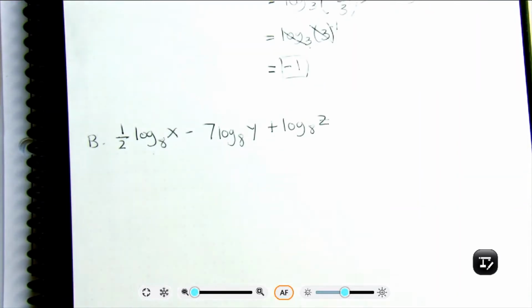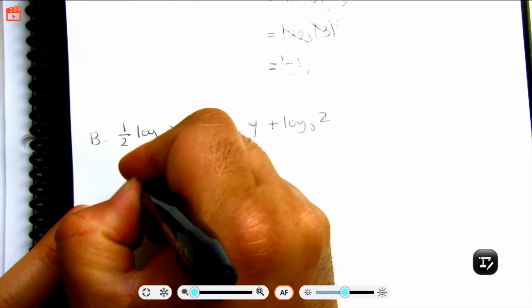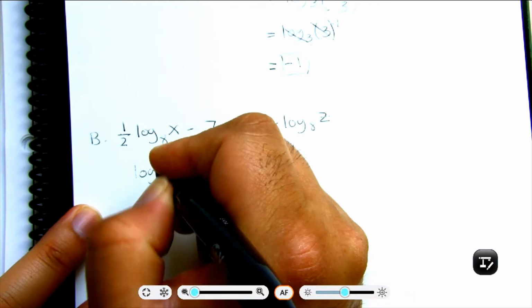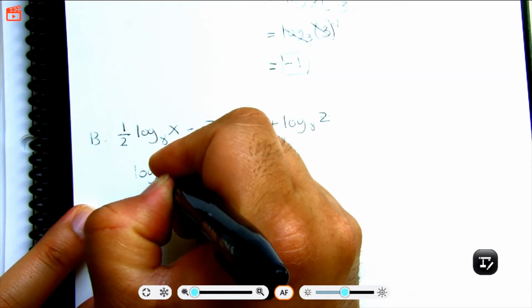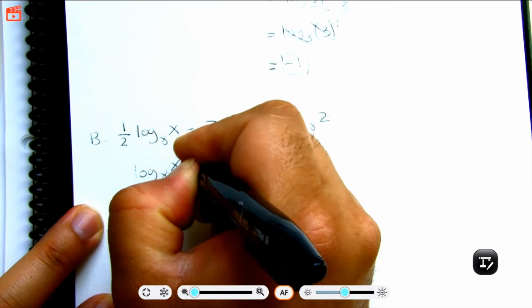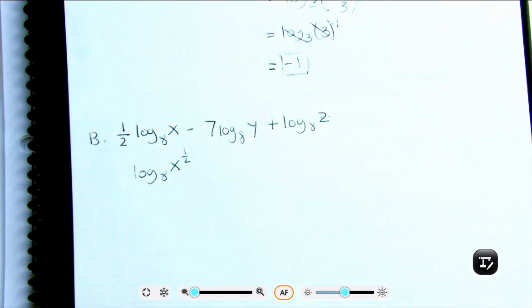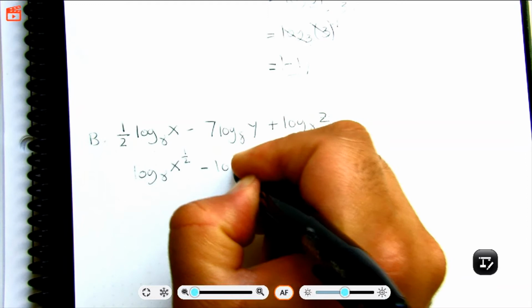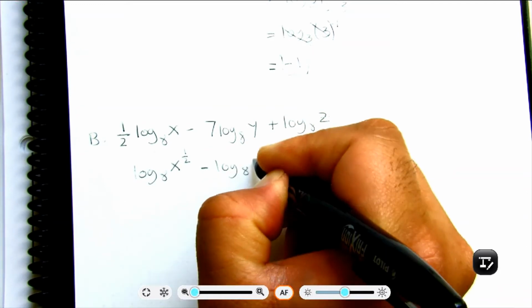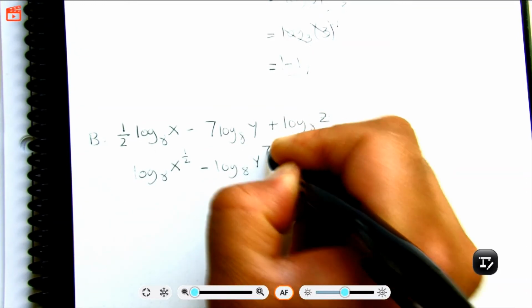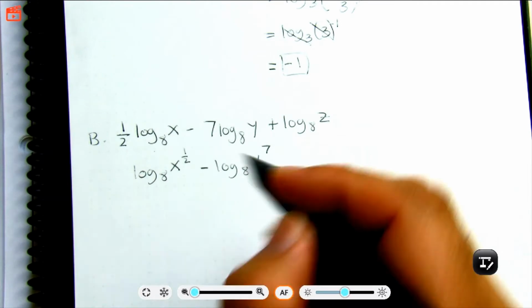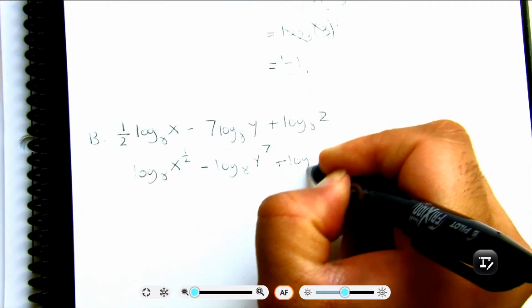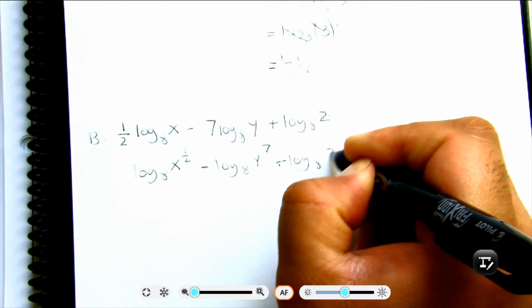So what we're going to do is rewrite this as log base 8 of x to the 1/2 power minus log base 8 of y to the 7 power plus log base 8 of z.